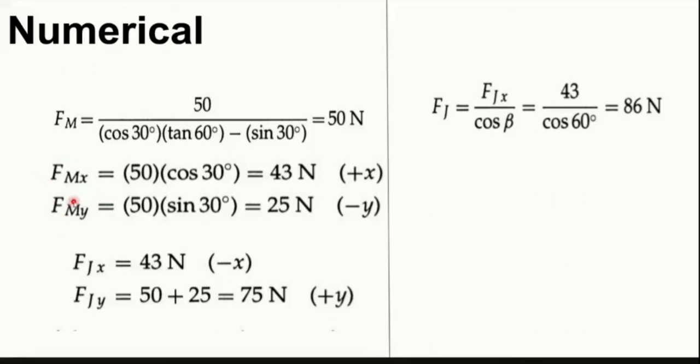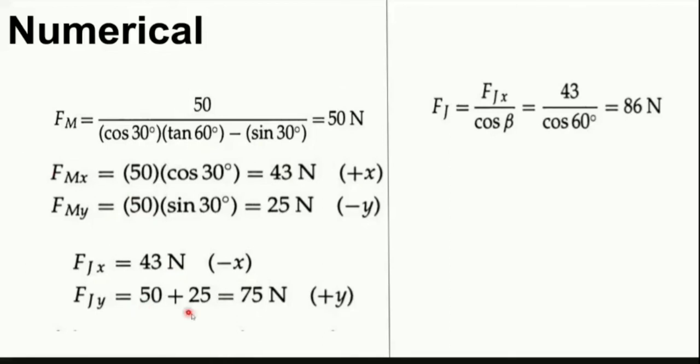So after getting the values of Fmx and Fmy, we will be able to solve the values of Fjx and Fjy. So what is Fjx? Fjx is Fmx. So they both are equal, but Fjx is acting in opposite direction to Fmx. So here we have negative x direction because Fmx is acting in positive x direction. Next, Fjy was W plus Fmy, right?